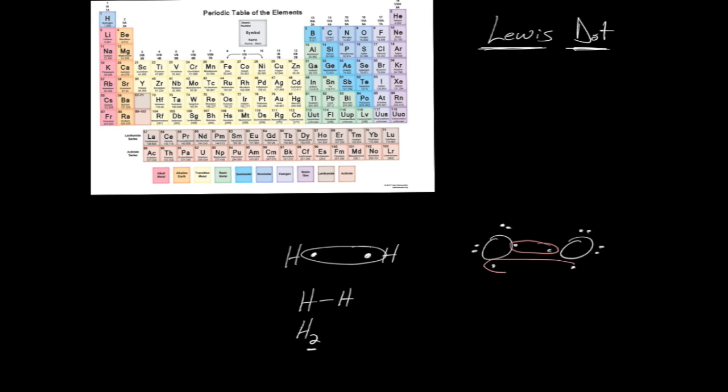So here's these 2 sharing now. Double checking: 2, 4, 5, 6, 7, 8 for this one. We can check this one off. And the other one also gets to 8, so this one can be checked off as well.